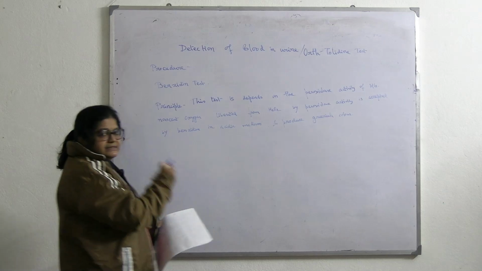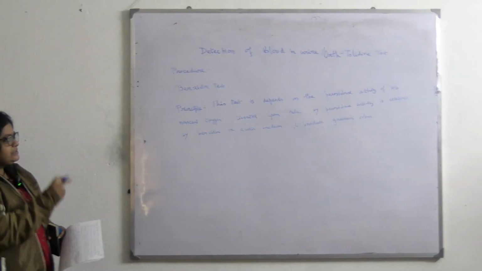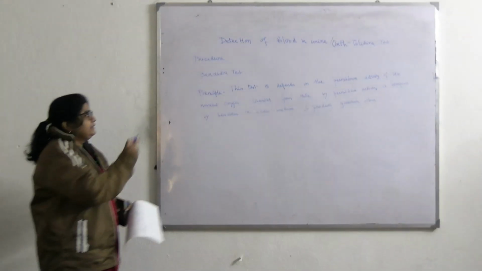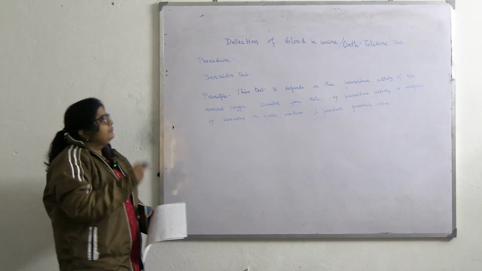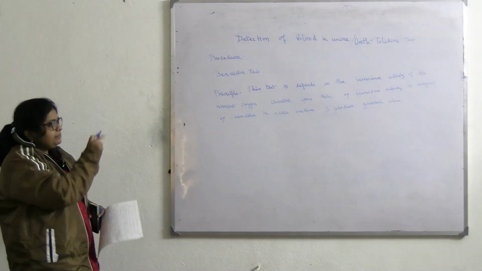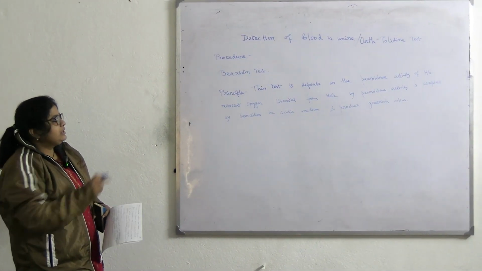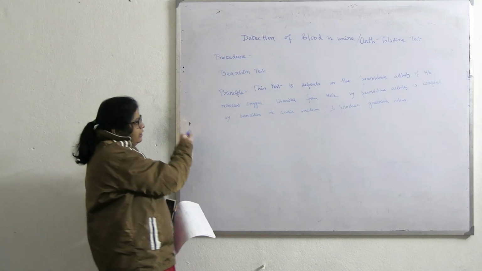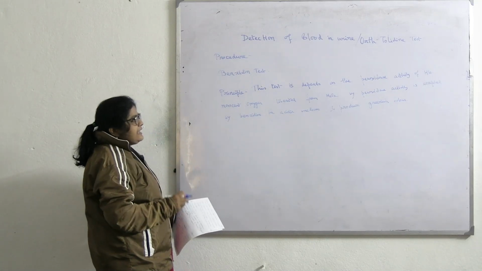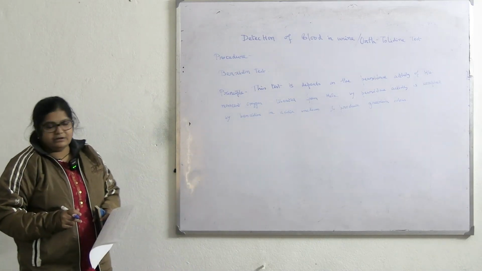Okay, principle is same, based on the peroxidase activity of hemoglobin and the nascent oxygen liberated from H2O2 by the action of peroxidase enzyme reacts with benzidine in acidic medium and produces greenish color. Okay.